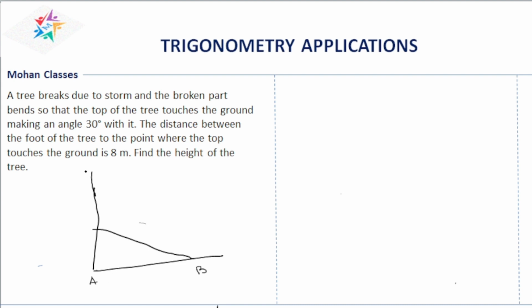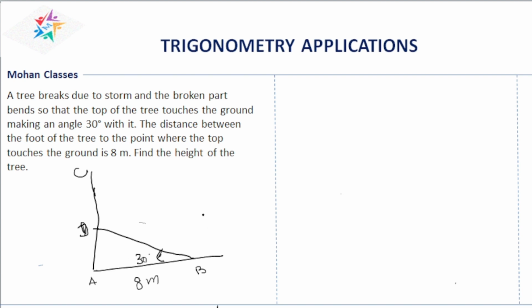The tree is bending at D. This is the angle made by the tree with the ground, 30 degrees. Understand? Now we have to find the height of the tree. The height of the tree is AD plus DB. This is what we have to find. So here it has been given, AB is 8 meters.